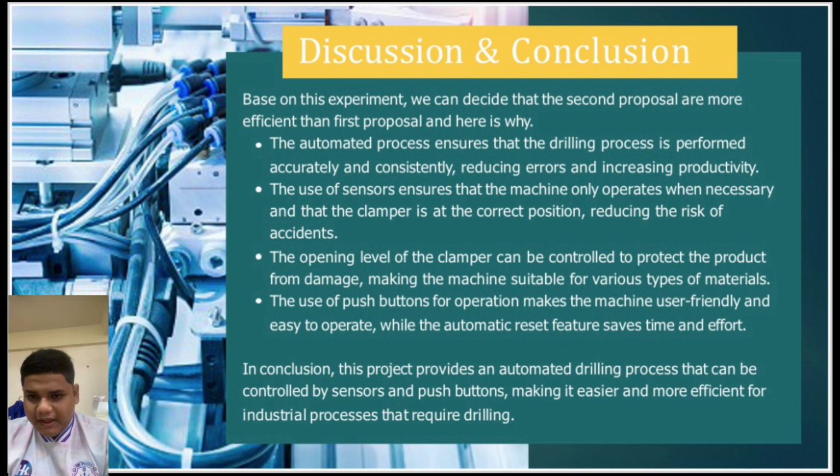The use of sensors ensures that the machine only operates when necessary and that the clamper is at the correct position, reducing the risk of accident. The opening level of the clamper can be controlled to protect the product from damage, making the machine suitable for various types of material.